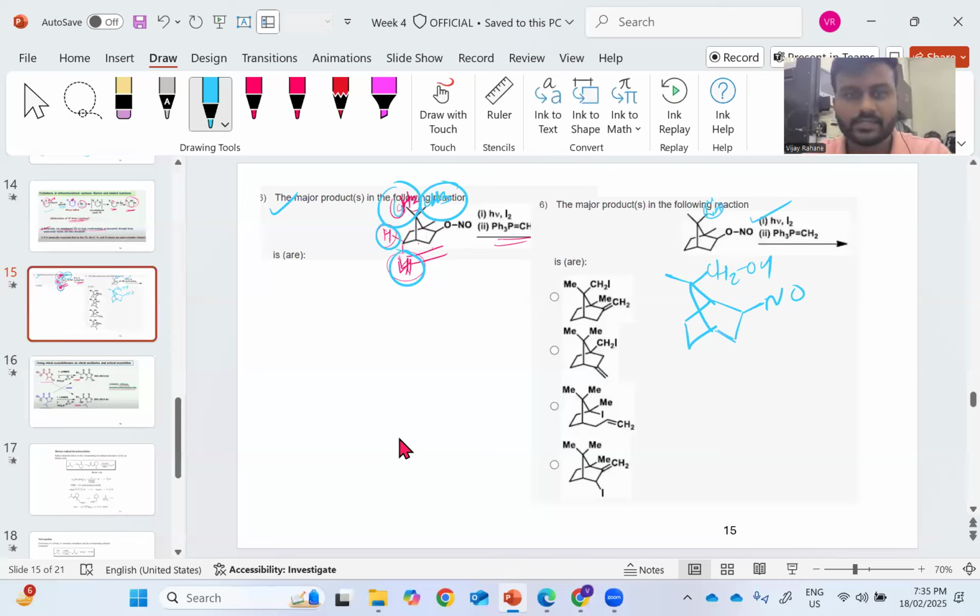First step is the formation of the OH bond, in the presence of I2, that's the critical part in this one. So I'm not sure which is the correct option here, because if you look at the next step, which is the Wittig salt, the complete set of reagents is not given. So I'm not sure in this case. So what should be the correct option here?